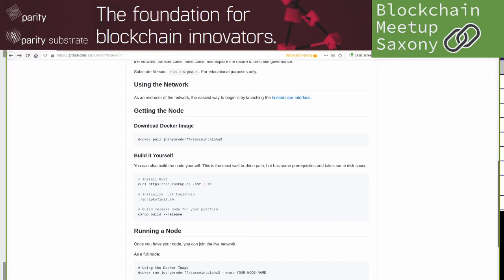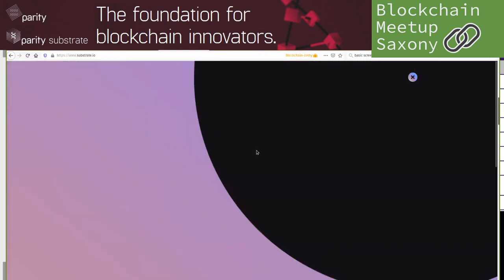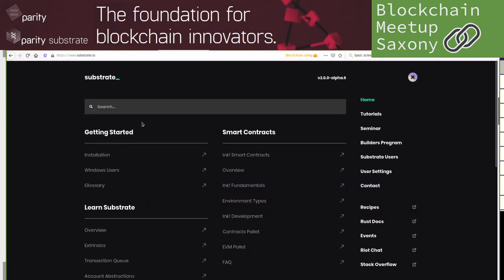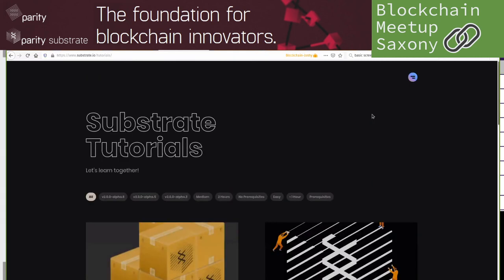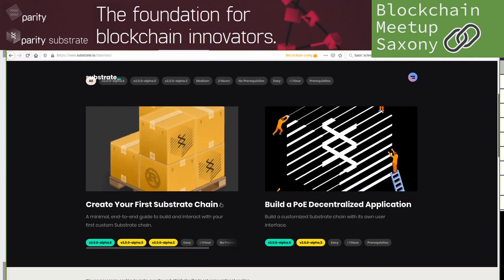But the other place to read a lot is on substrate.io. We have several ways to learn. One is the knowledge base, which has a lot of articles. We also have some tutorials. There's the create your first substrate chain one, which doesn't even require coding. It just has you download a template project and launch it, so that'll be similar to what we did today.